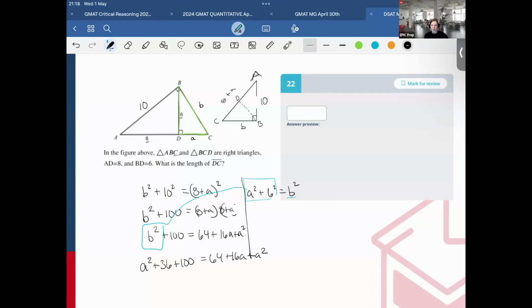Subtract the integers, so it'd be 136 minus 64, 72 equals 16a, and then divide by 16, and I get that 4.5 is equal to a. The a value was what I labeled DC, so that would be the answer to type in here.